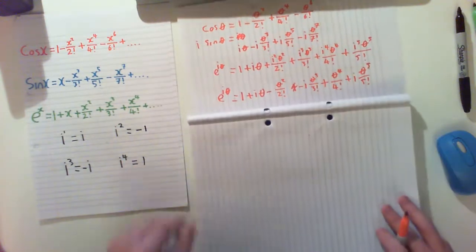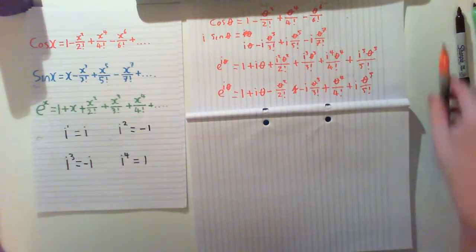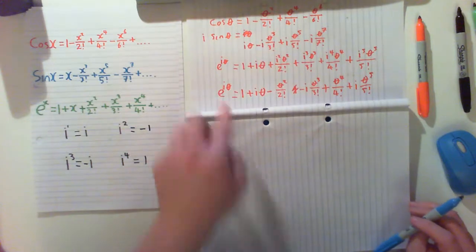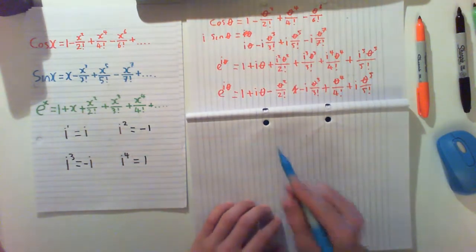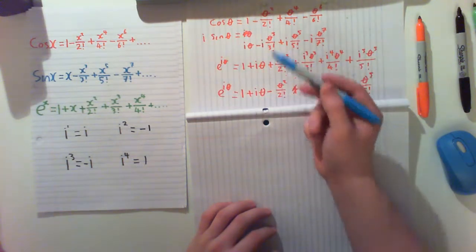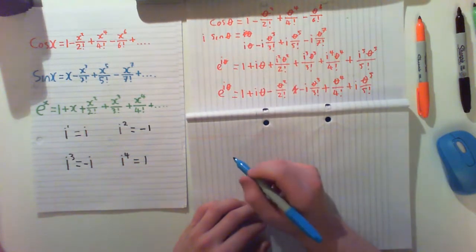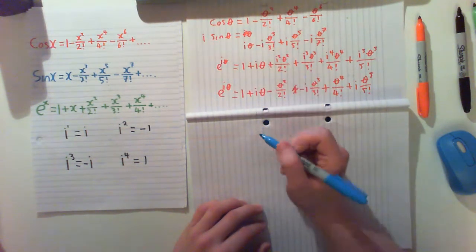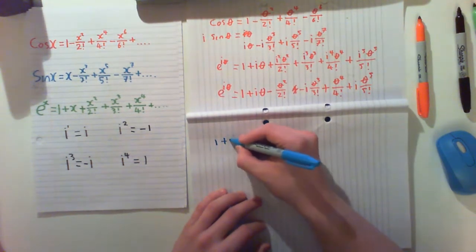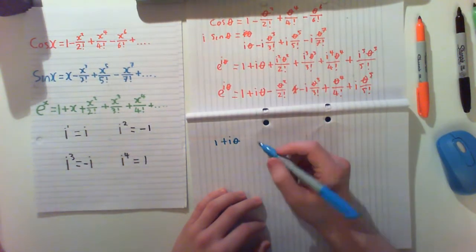What we're now going to do from there is take a sum of our cosine and our i sine series, and compare it to our e to the i theta series. We'll do each of the terms in order of the magnitude of theta. So cosine comes first, with it being theta to the 0, so we have 1, and then sine, which is plus i theta, and then it's cosine, and then sine, cosine, sine. It alternates like that.